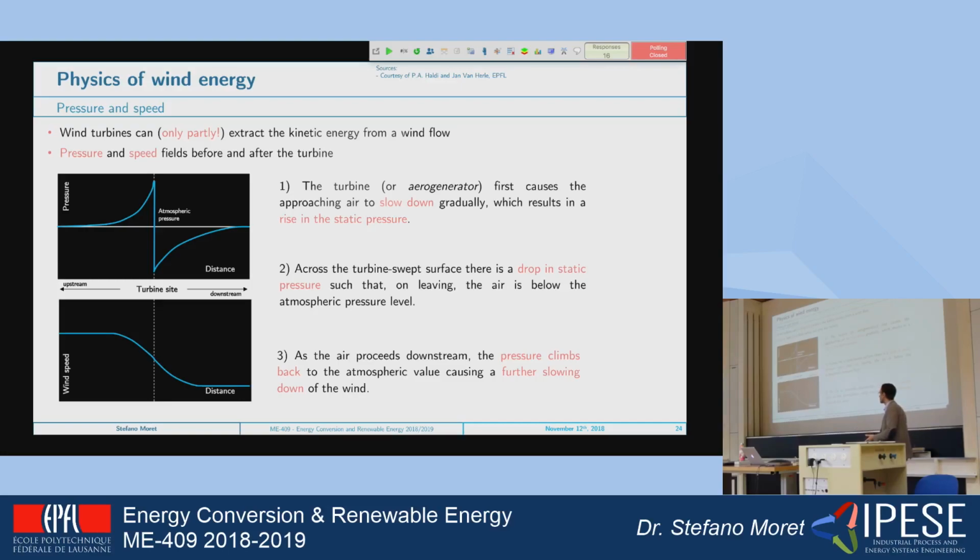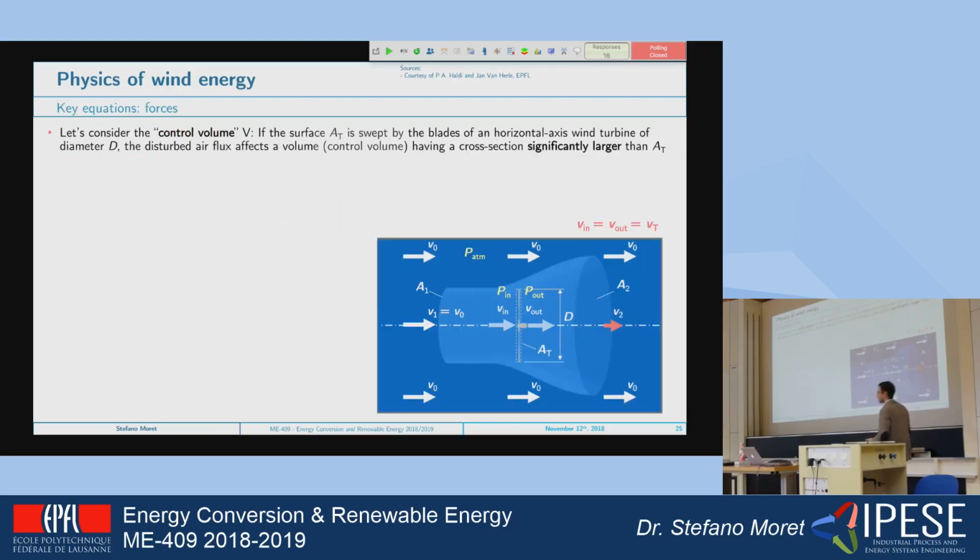Okay, so this is the physics of what happens, and what happens is that we are giving the kinetic energy of the wind, we are transferring to kinetic motion of the turbine. So how does this work in terms of equations? So we can represent a wind turbine in this way. We call V0 the speed of the wind undisturbed. So the wind outside the turbine will be at V0 and atmospheric pressure. We will have a zone 1 and a zone 2 which are before and after the turbine, sufficiently before and sufficiently after.